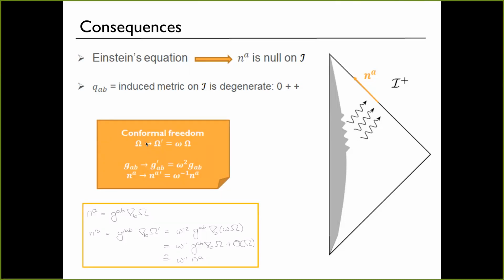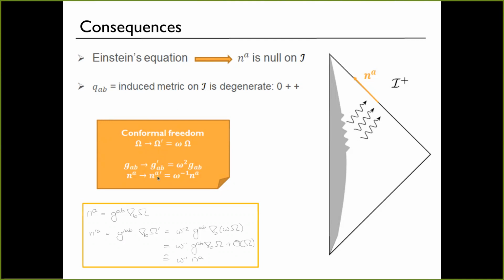So if I choose omega and you say, well, I don't like that choice, I want to choose omega prime, you can essentially just rescale it by any smooth function that doesn't diverge or is 0 at the boundary. And that is a totally fine choice too. Of course, as a result, your conformally completed metric will be slightly different. It will be different with this little omega squared factor.